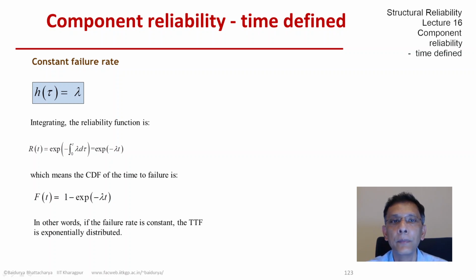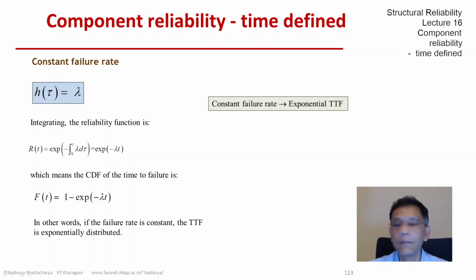Sometimes maybe the exponential time to failure distribution is adopted rather hastily, but it's a very common and very useful distribution to have. And when we look at systems and other behavior, the exponential time to failure for an element is very useful, and it's a good simplifying assumption.